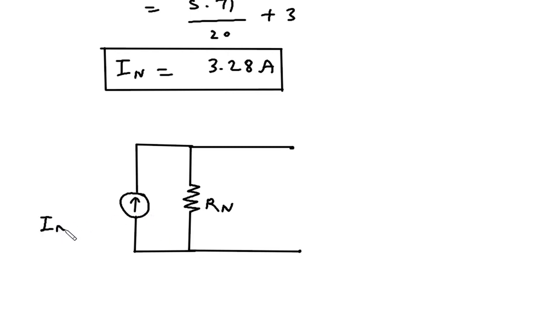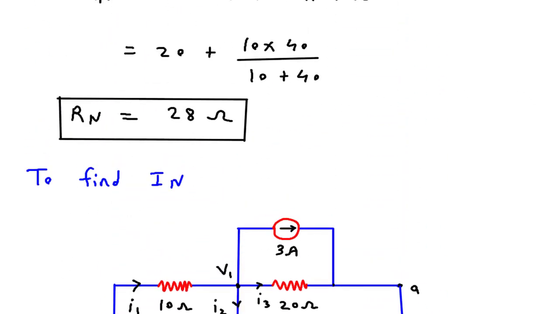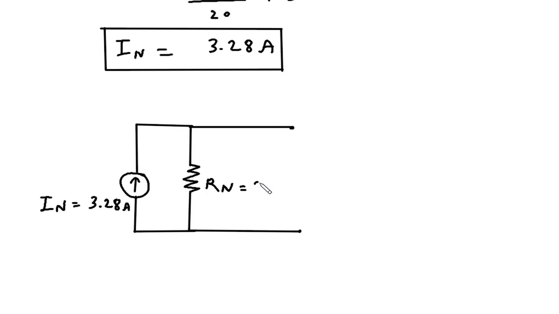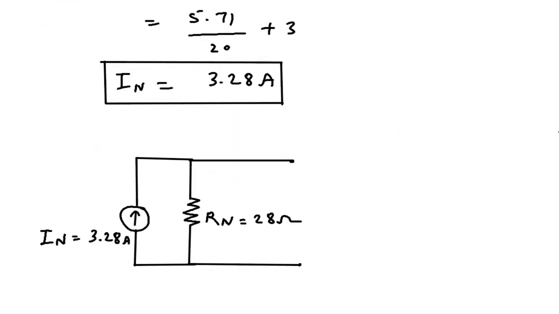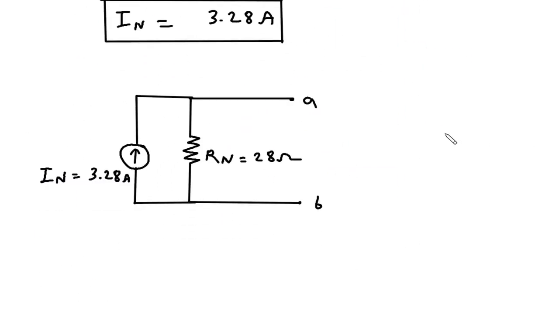In is equal to 3.28 ampere, and Rn is equal to 28 ohm. This is terminal A and this is terminal B. What we have to find? We have to find Norton equivalent. So this is the Norton equivalent.